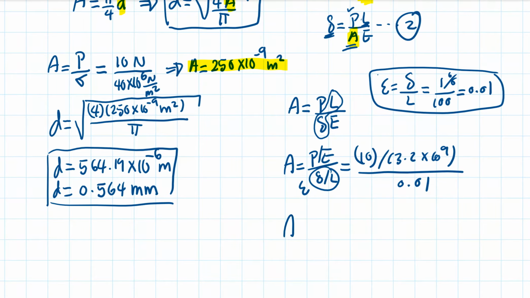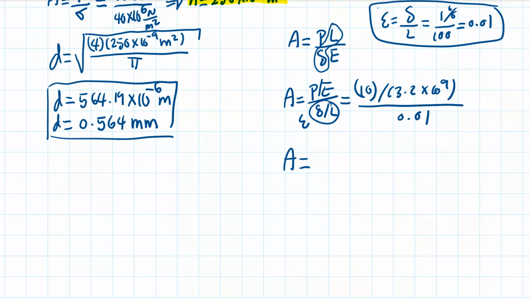So area in here will be equal to 313 times 10 to the power minus 9 meters squared.